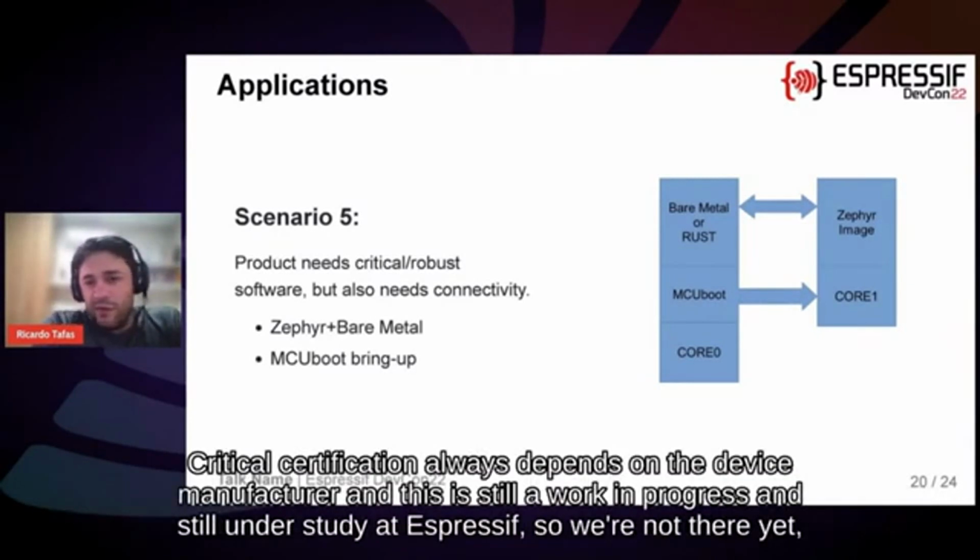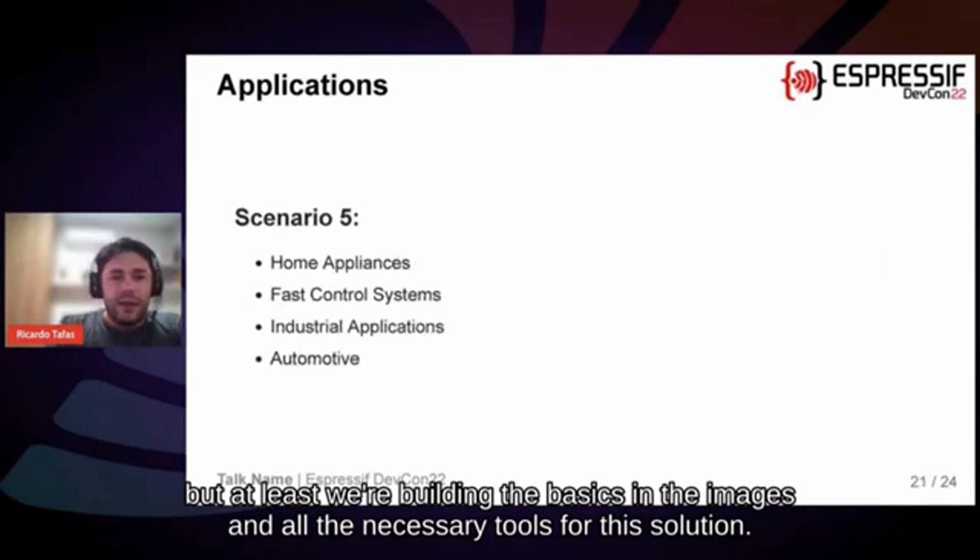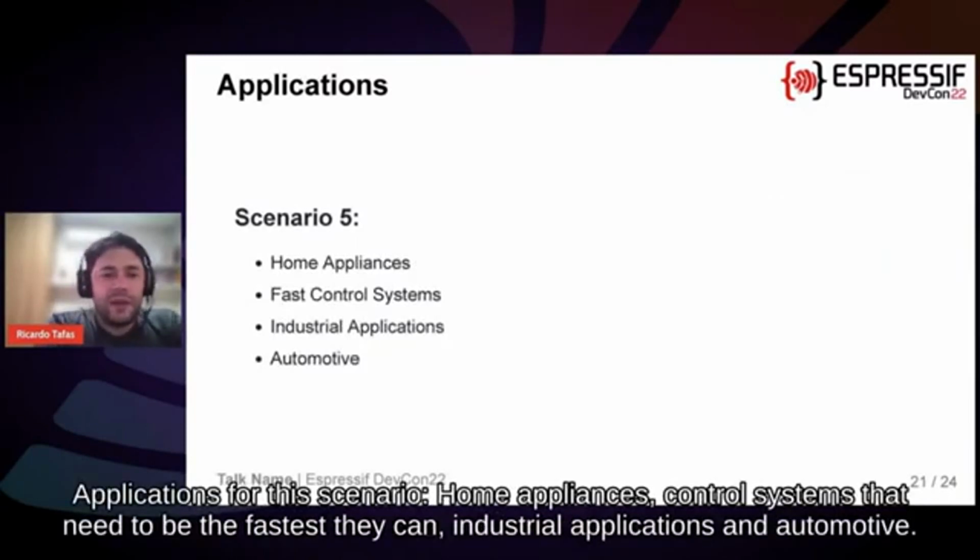Critical certification always depends on the device manufacturer, and this is still a work in progress and under study at Espressif. So we're not there yet, but at least we're building the basics and the images and all the necessary tools for this solution. Applications for this scenario: home appliances, control systems that need to be as fast as they can, industrial applications, and automotive.